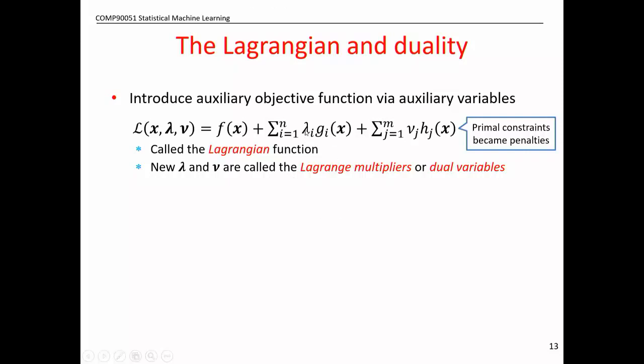But the idea is if I was allowed to set x, lambda, and nu in any way I like, I could set lambda really big and nu really big, and it would be equivalent to solving my original problem. That's the idea of Lagrange multipliers.